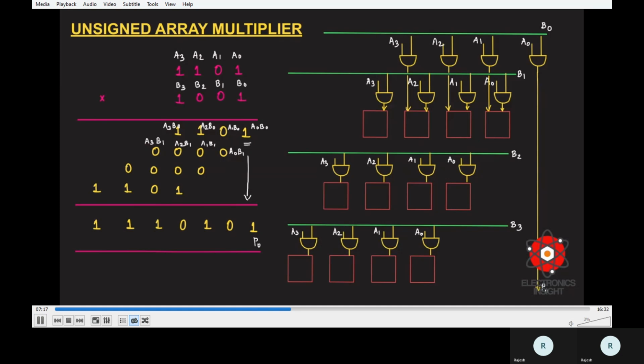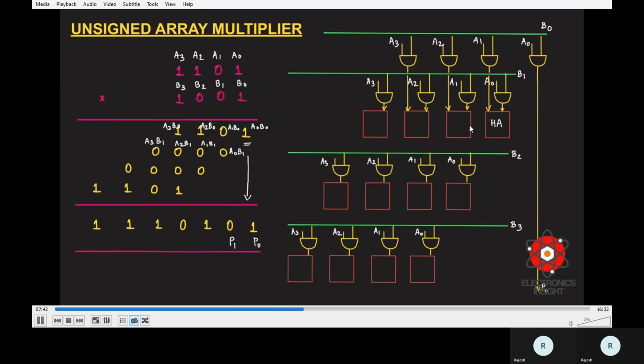So A1 B0 plus A0 B1. They are two product terms, so we require only a half adder. But if they are added, there is a chance of getting a carry at that stage.